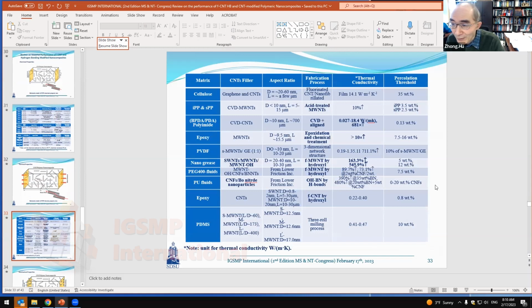This is some of the data you can imagine. For example, when you have a functionalized carbon nanotube, sometimes the thermal conductivity can improve like 163%, or sometimes can reach 500 or even more percent.